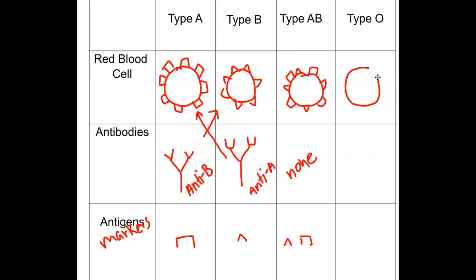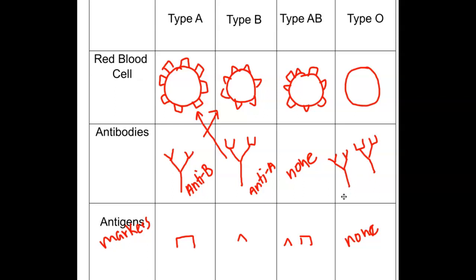And O has no antigen markers. It's just a plain red blood cell that is blank. So because they have no antigens, they have two different types of antibodies. They have the anti-B antibodies and the anti-A antibodies, because they are going to fight against AB, B, and A blood, because it's not the blood type that they have.